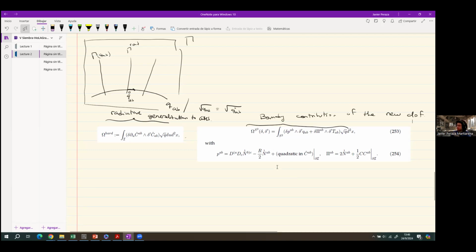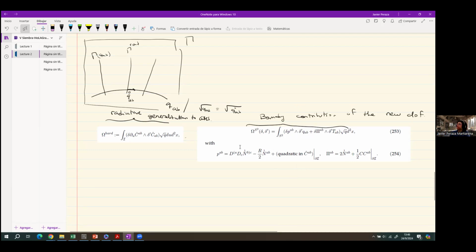If you see here, the boundary contribution has the T and the Q. Of course, we can construct everything just in terms of Q, but it is nicer to have the T there, just to say that we have this nice Geroch tensor, so we should use it because it was written before.